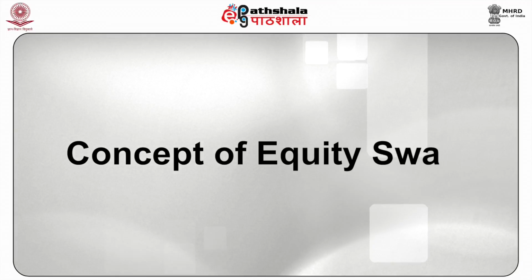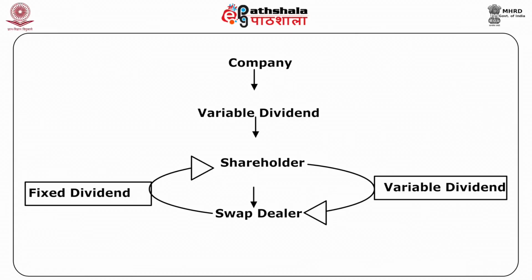The next is the concept of equity swap. It is a special type of swap that is traded between the owner or shareholder of the company and the swap dealer. It originates from the payment of dividend to the shareholder from the company and then the exchange of such dividend with the swap dealer in terms of fixed or variable, or vice versa.